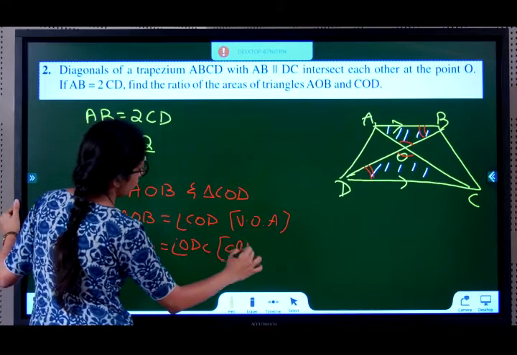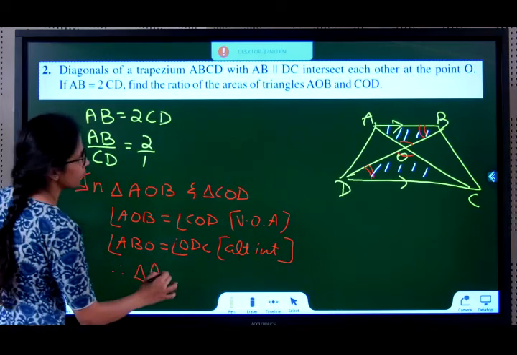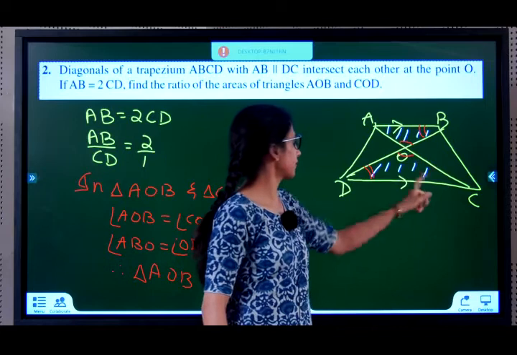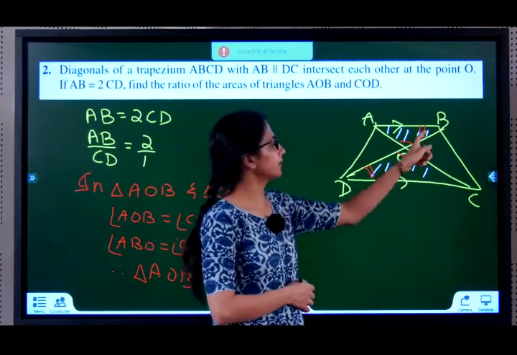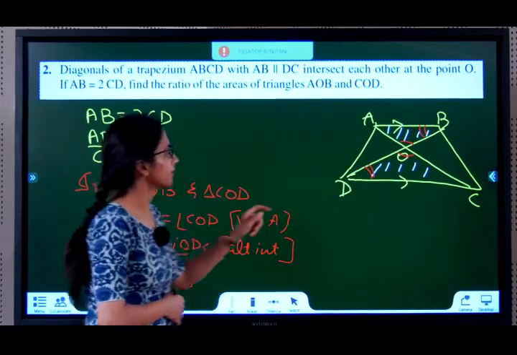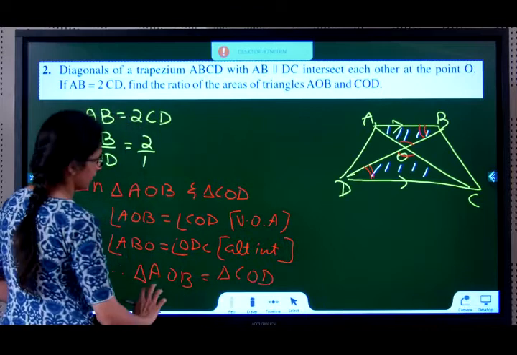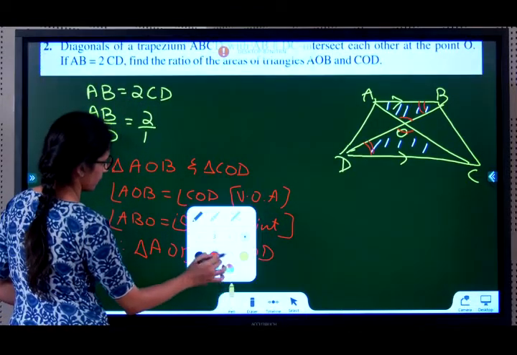Why? Alternate interior angles. Therefore, we can say triangle AOB is similar to triangle COD. Since it is not equal to, this is similarity, so put similar.